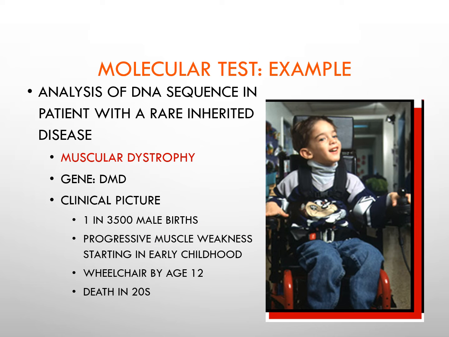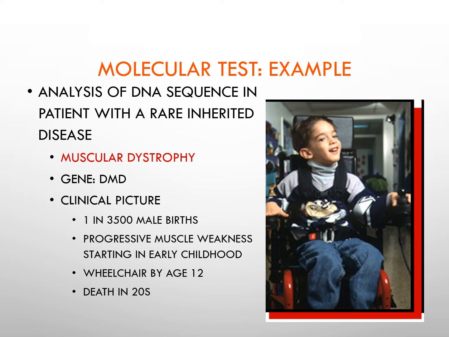An example of a molecular test is the analysis of DNA sequence in a patient with a rare inherited disease such as muscular dystrophy. In that case the gene will be DMD. It occurs in 1 in 3,500 male births, with progressive muscle weakness starting in early childhood.